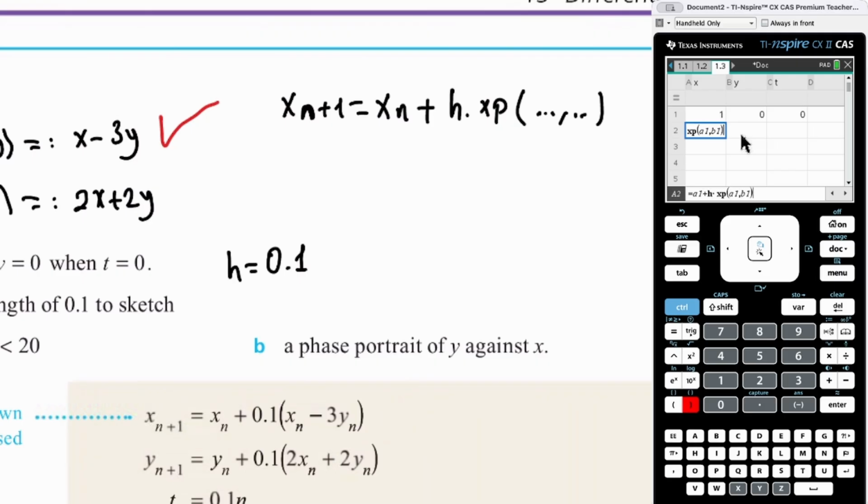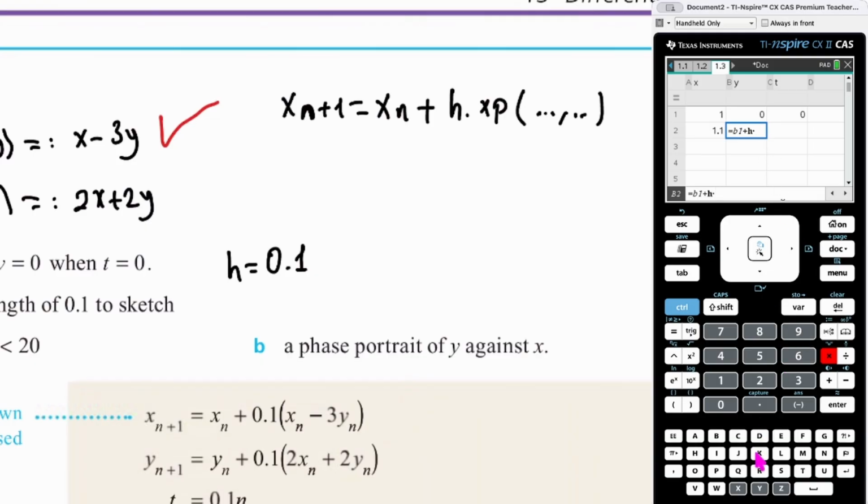And close the brackets. And this is my thing, right? Now, instead of y, what should I do? The same formula, equals to, but this is y function right now. So initial y value, which is B1 cell, plus our h times our function initial value.